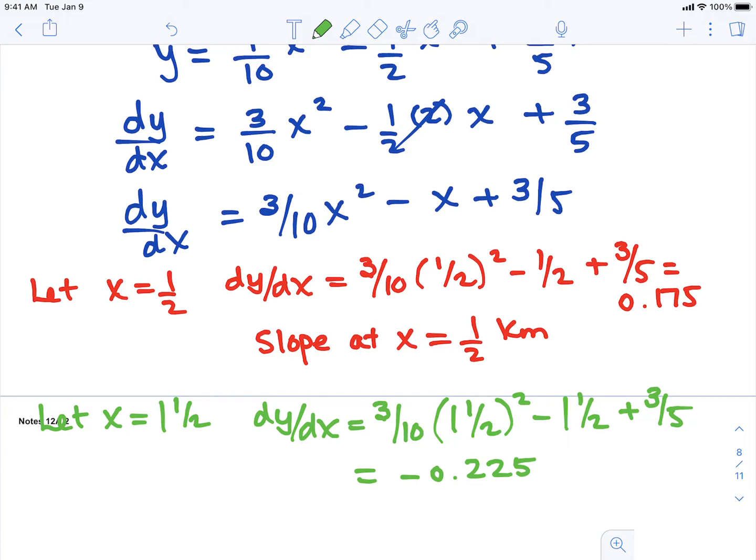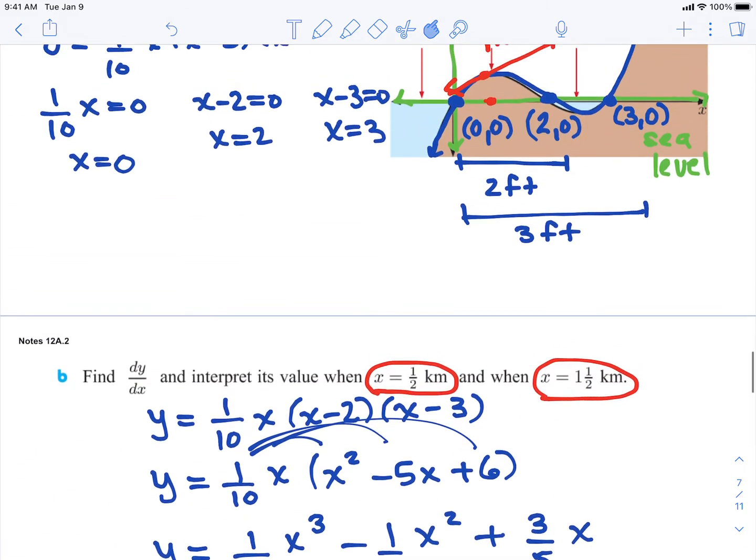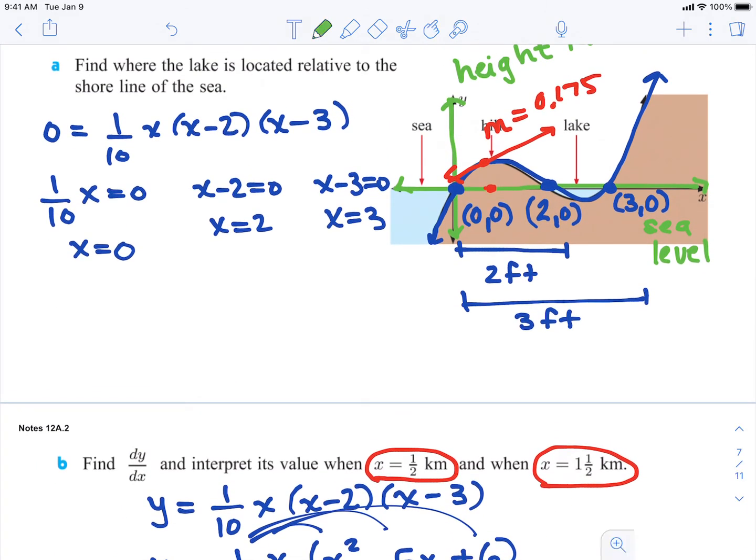So what is that representing? That is a negative slope at x equals 1 1/2 kilometers away from the sea level. So let's go up and show you that on the graph. Here would be about 1 1/2. That slope, you'll notice here, is negative. Going down, it's decreasing.